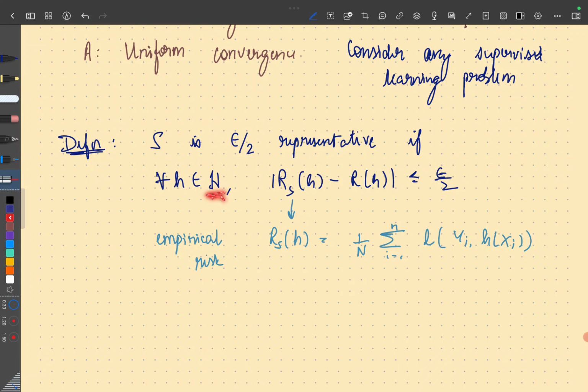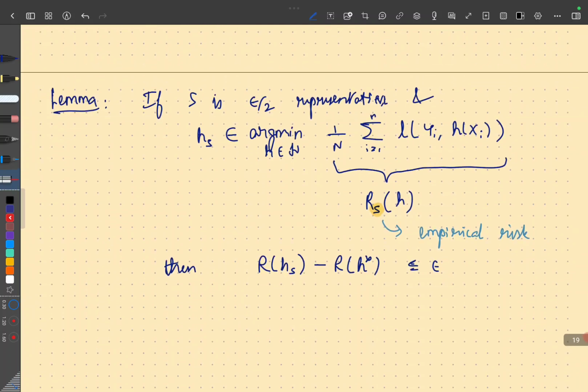For a given hypothesis class, we'll say that a particular sample, a particular data set, is epsilon by 2 representative if the empirical risks all approximate the true generalization error. So what this lemma is basically saying is that if your data set is a good representative, then ERM is a good learning algorithm.